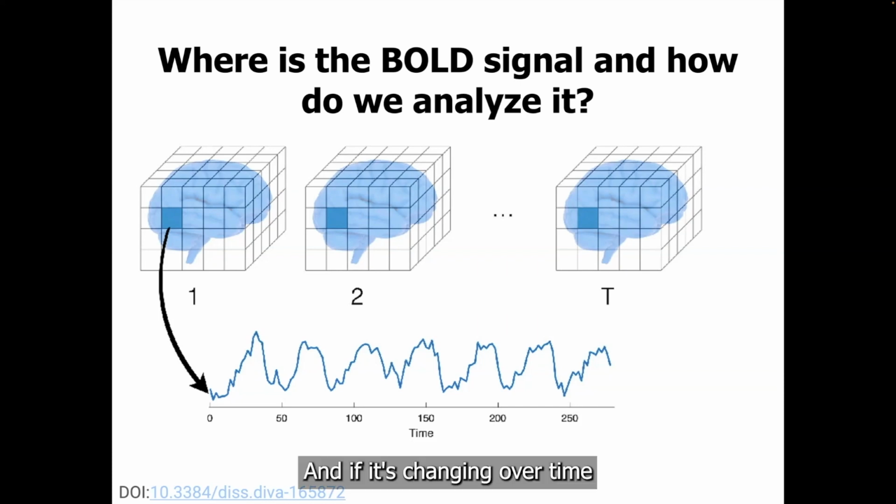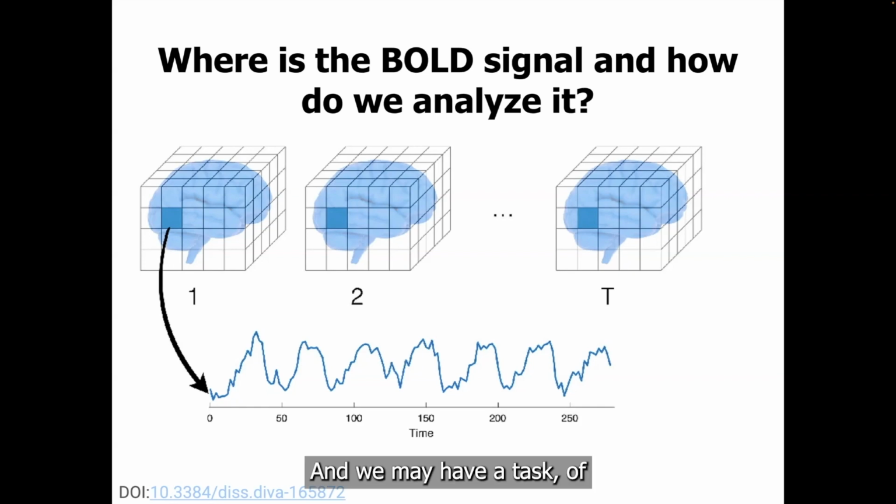And if it's changing over time in a meaningful way, then we can say, okay, neurons are firing there in a way that's predictable. And if it's not, then we can say it doesn't seem to be much meaningful change. In this case, it looks like this voxel is going on and off cyclically, almost in response to something.